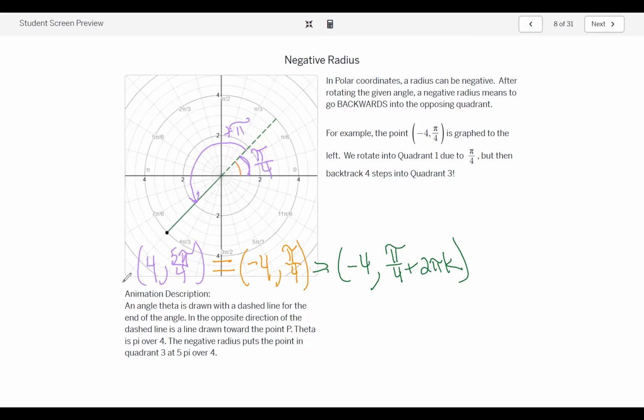On the other side, with my positive radius, it would be coterminal angles with 5 pi over 4. So we have two infinite lists of points that all map to that single location. So an infinite list of numbers, but they're all describing that same particular point in the coordinate plane.